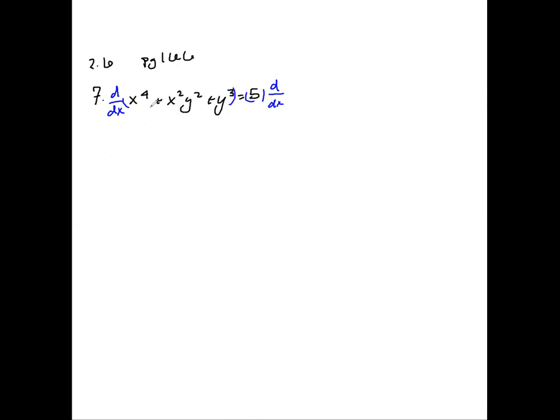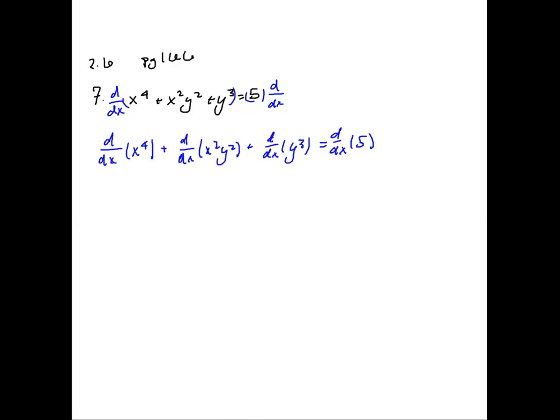So we'll end up with, and what basically happens is this is distributed to all of these interiorly. So we'll end up with d dx of x fourth plus d dx of x squared times y squared plus d dx of y cubed is equal to d dx of 5.